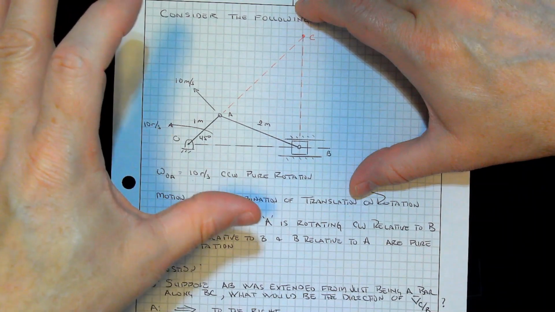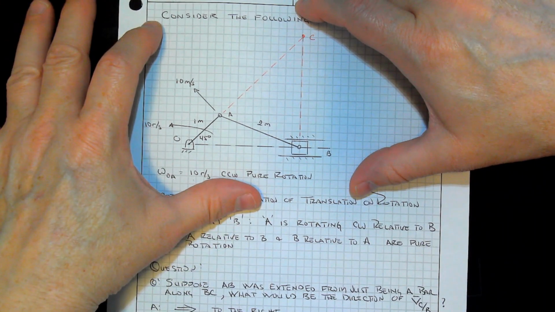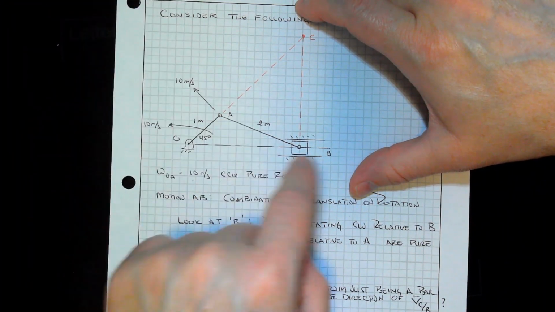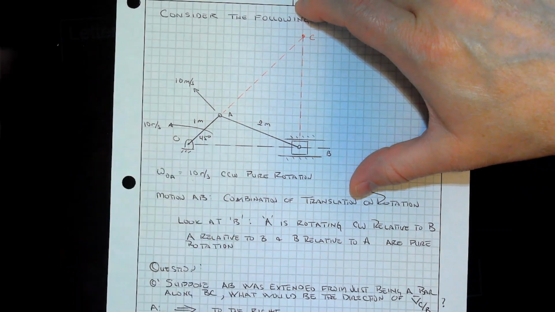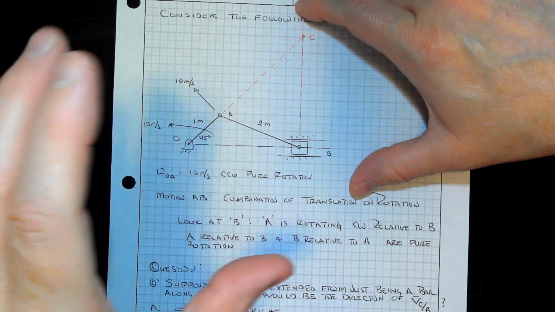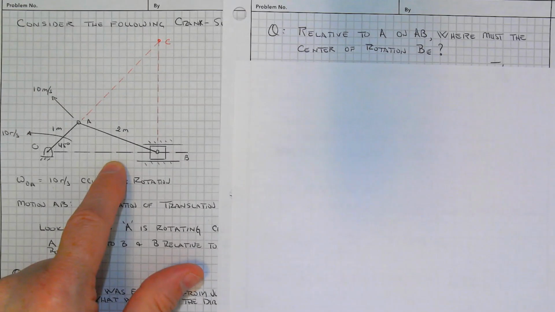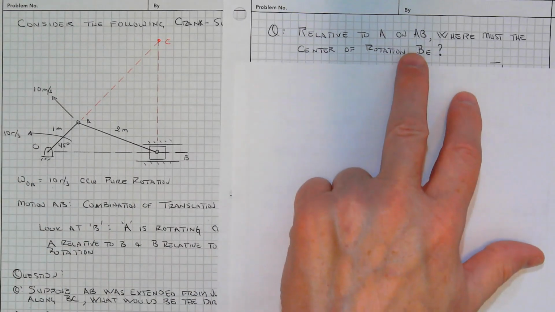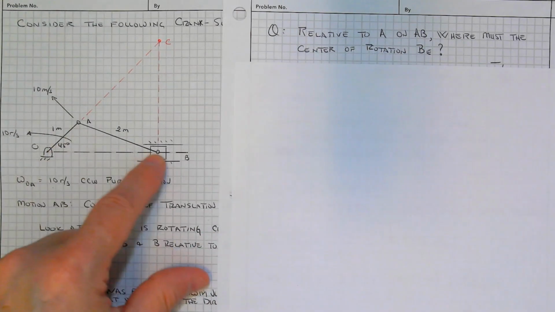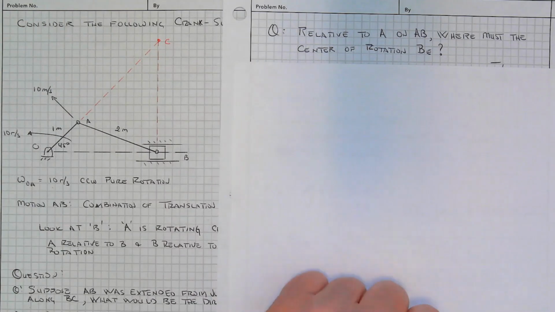This was an extremely valuable tool if you're looking at doing position and velocity analysis. Unfortunately, it doesn't extrapolate out to acceleration, but historically, it's a very, very useful tool. So let's just finish the story relative to our crank slider mechanism that we're talking about. So relative to A on AB, here's A, where must the center of rotation be?